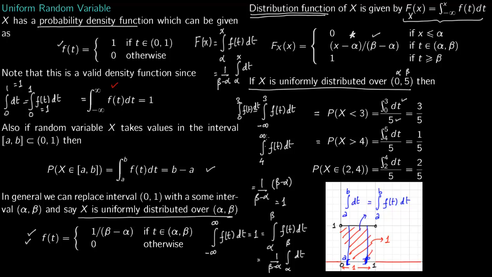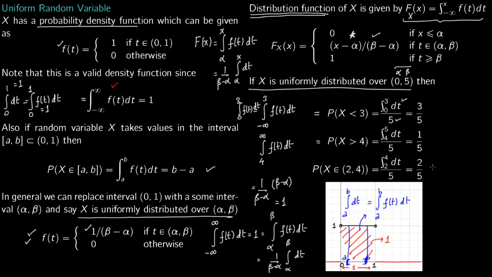We are starting from 4 and we are only going to remain in this interval 0 to 5, so we end up at 5. So you get 4 to 5, but f of t is nothing but 1 over beta minus alpha. Beta minus alpha is 5 minus 0, where 5 is beta and alpha is 0. So f of t is nothing but 1 by 5. So 1 by 5 comes out, and that's what you get here.